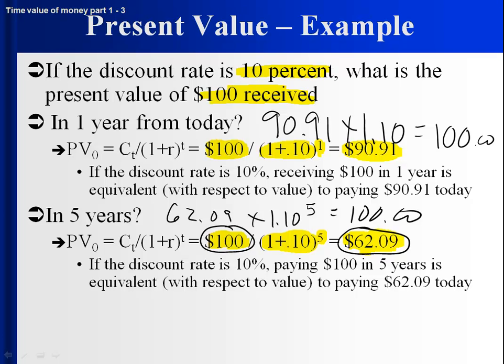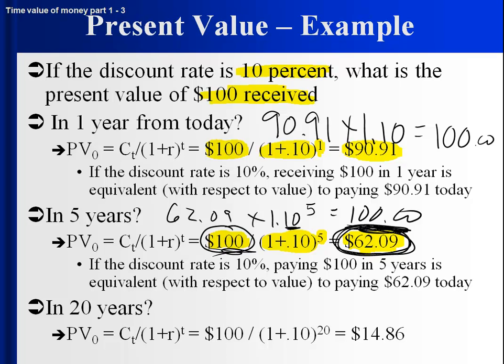We take the $62.09 to the bank. They would offer us 10% per year. When we showed up 5 years later, they would give us $100. So you could either spend the $62.09 on the piggy bank to get $100 in 5 years, or put $62.09 in the bank and then show up later and get $100 in 5 years.